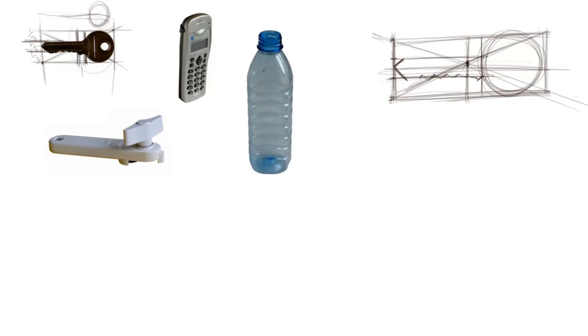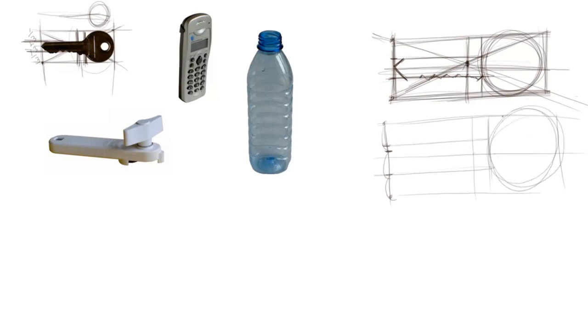So if someone has a tutorial and they show you that, start with a box, divide it in half, break this area to this area in thirds, and then maybe go a little bit inside here, and then join this to this, that to that, make a circle in this box, and then in general, you have the proportions of the key.